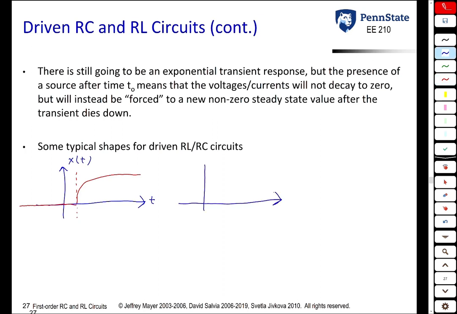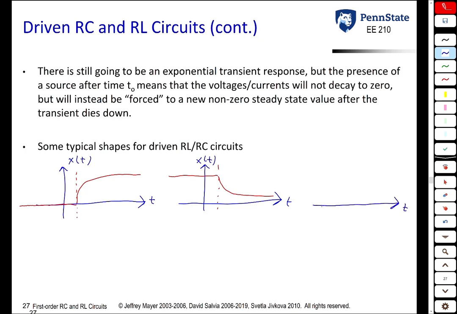You could also have a situation where you start off with some steady state value up to t0, and then at t0, the value exponentially changes to a new non-zero steady state value.